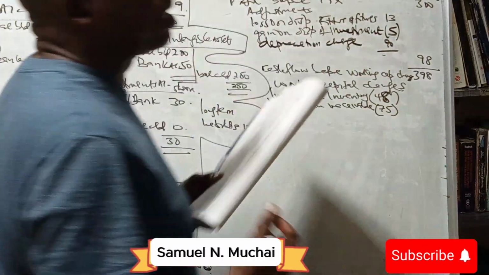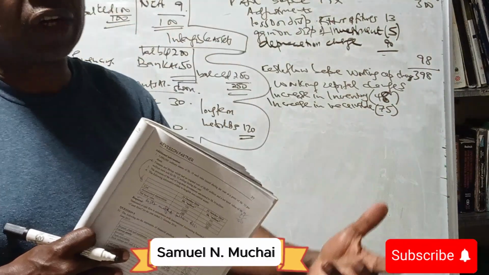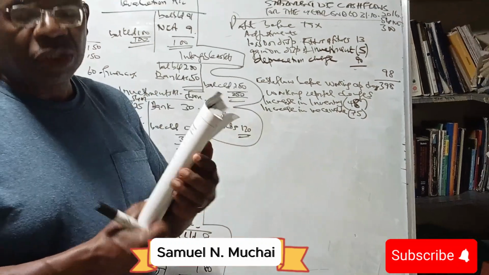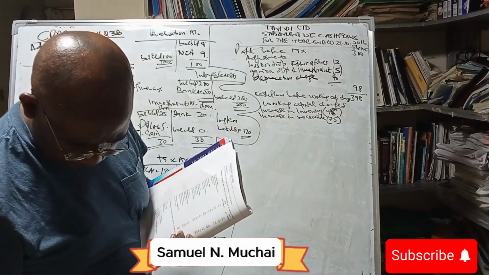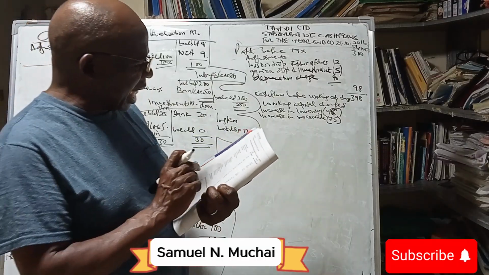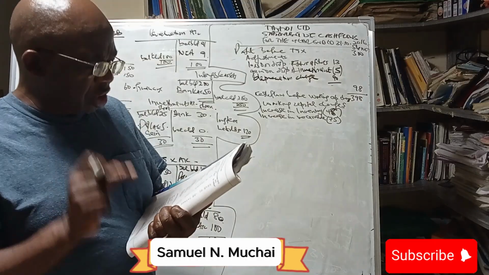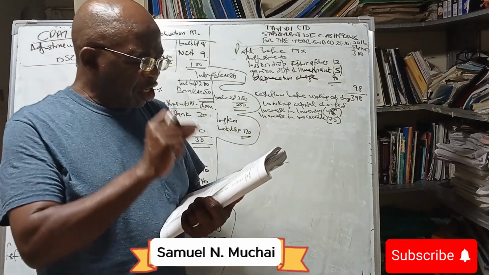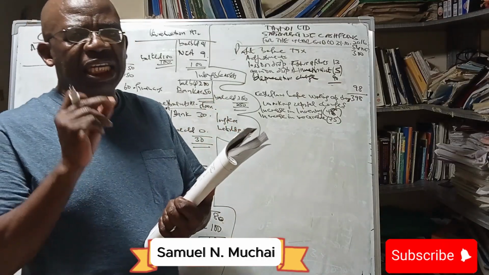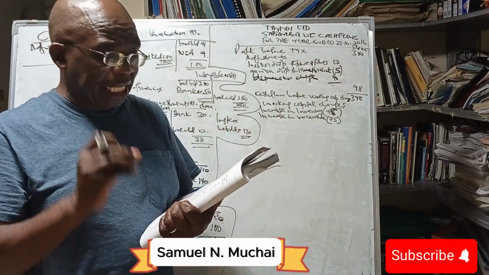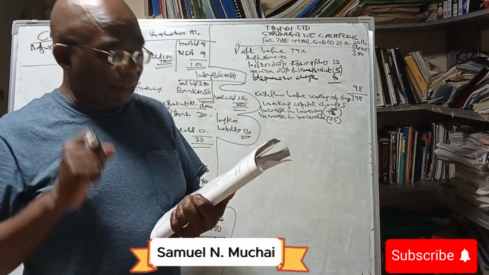Again, because it's an increase, it's like we sold on credit and people are holding our money, so it's a cash outflow. From the current assets, the short-term investment and cash in hand, you do not capture them in working capital changes, because they give you the cash and cash equivalent at the beginning once you add the bank overdraft.